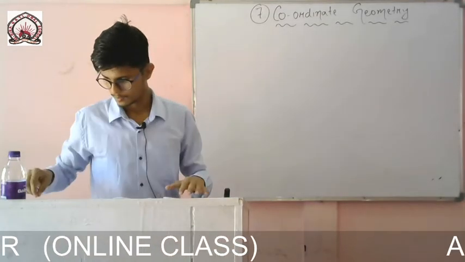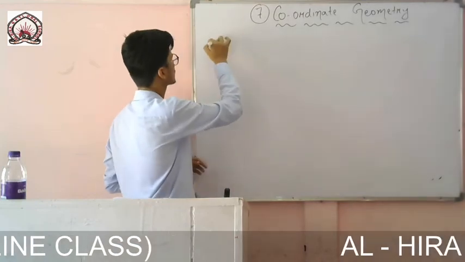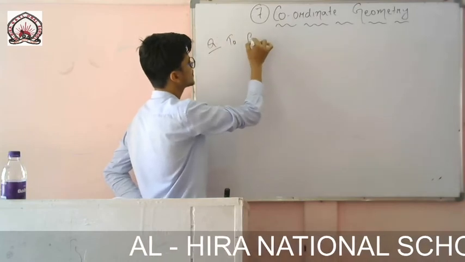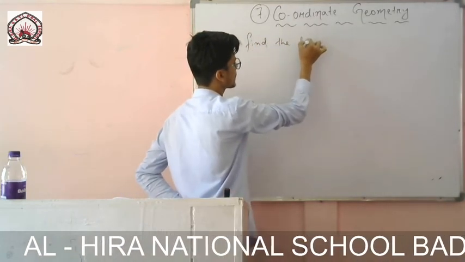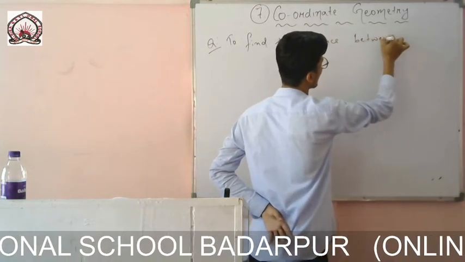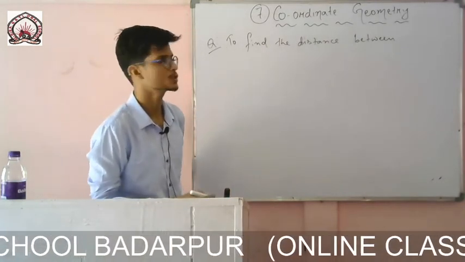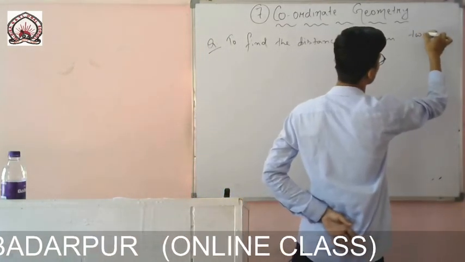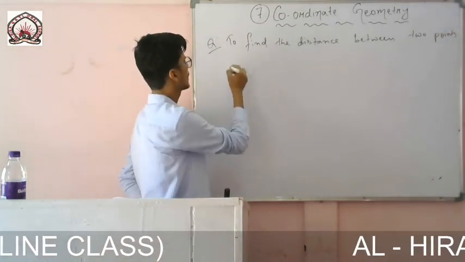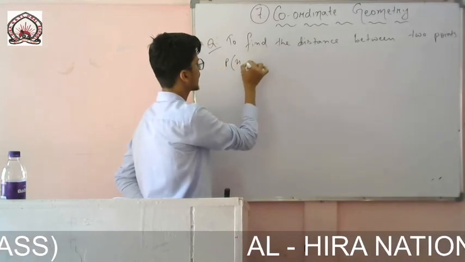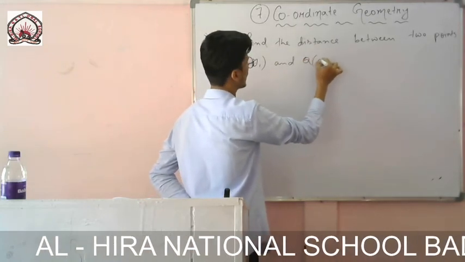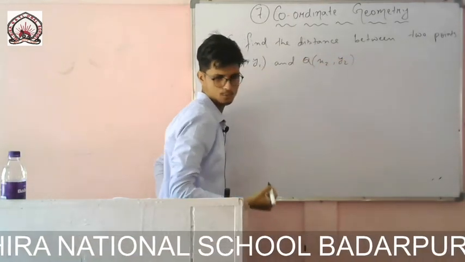Okay, so first, write a question so that I can explain it nicely. Write: to find the distance between 2 points, let me name them P (x1, y1) and Q (x2, y2).